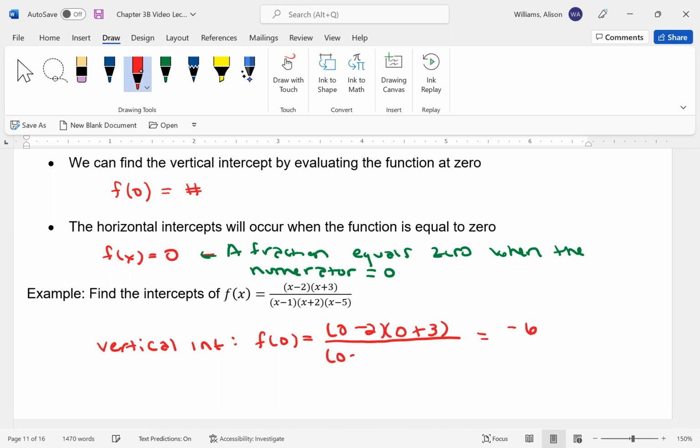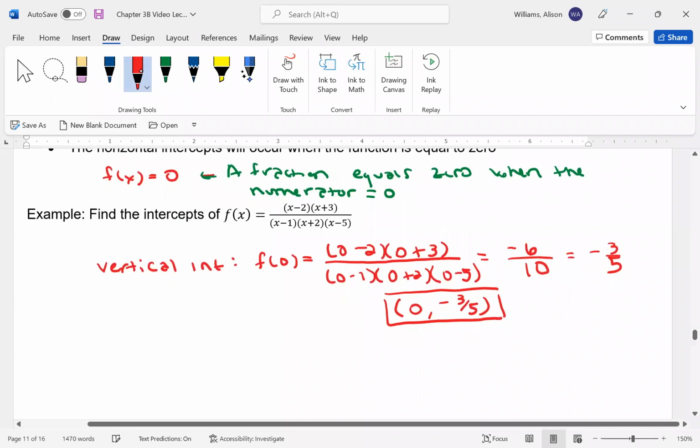In the denominator, 0 minus 1 is negative 1. That's going to be times 2, which is negative 2, times negative 5, which is positive 10. So this is going to be negative 3/5. So the vertical intercept is at (0, -3/5).